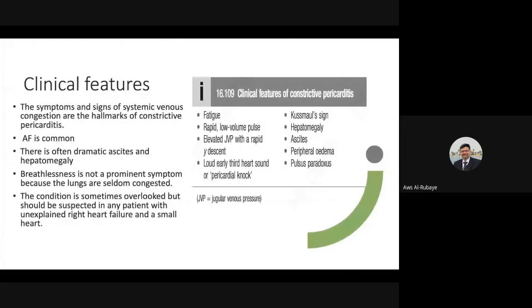The clinical features of constrictive pericarditis include fatigue, rapid low-volume pulse, elevated JVP with a rapid Y descent, a loud early third heart sound or pericardial knock, Kussmaul sign, hepatomegaly, ascites, peripheral edema, and pulsus paradoxus.